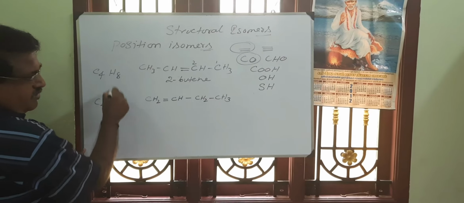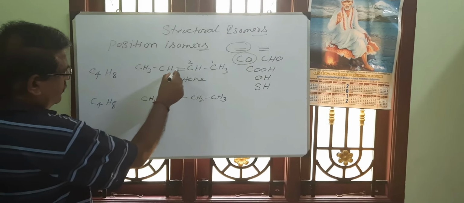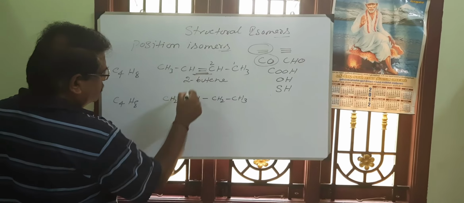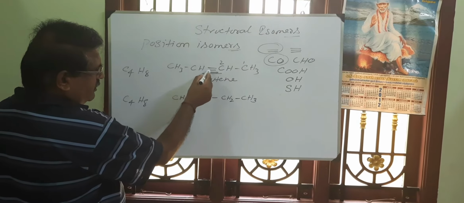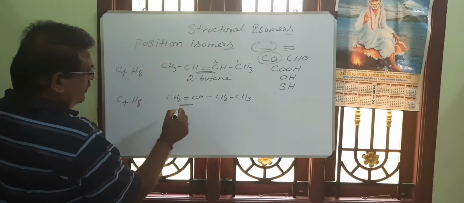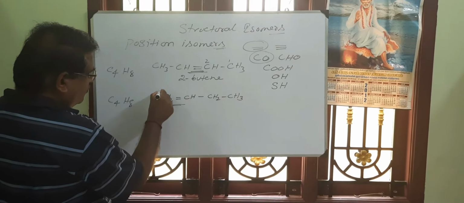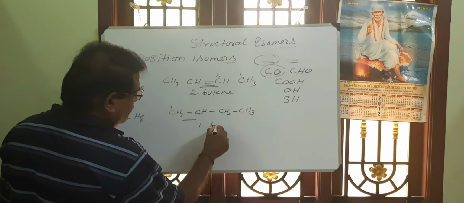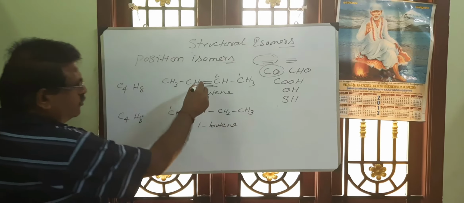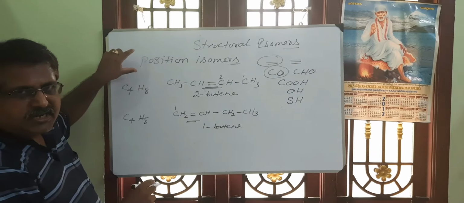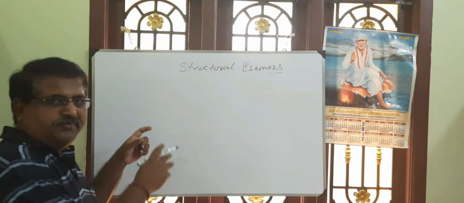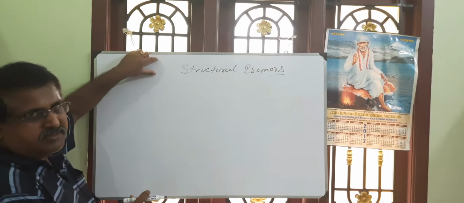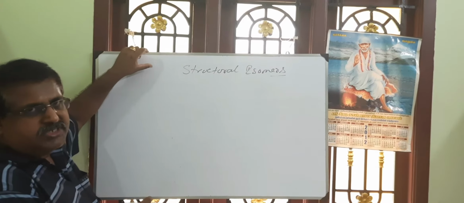So same molecular formula, differing in the position of a particular functional group. Here the double bond is present on the second carbon atom; here it is present on the first carbon atom, so this is called 1-butene. So the two molecules are position isomers. We have now discussed two types of structural isomers, chain isomers and position isomers.